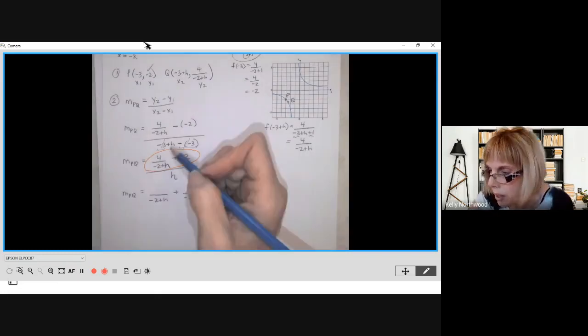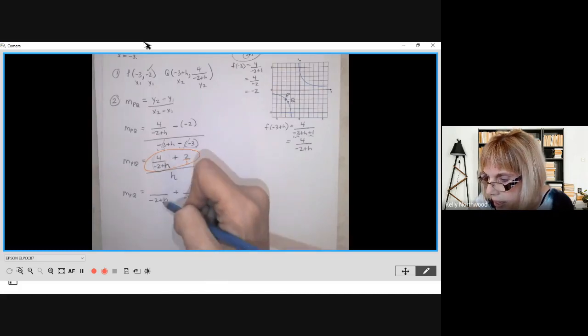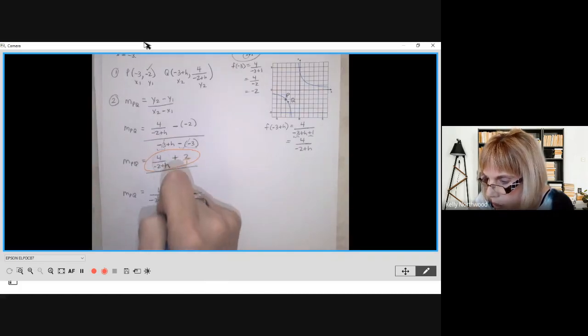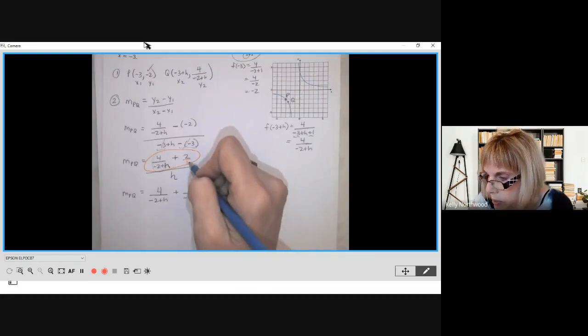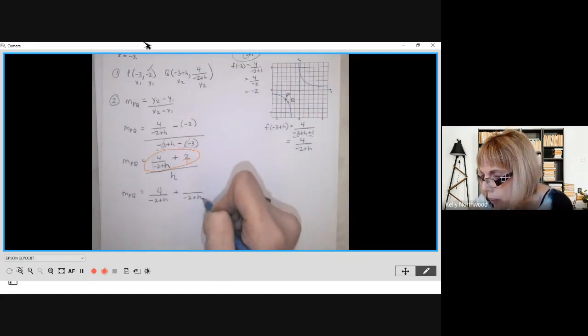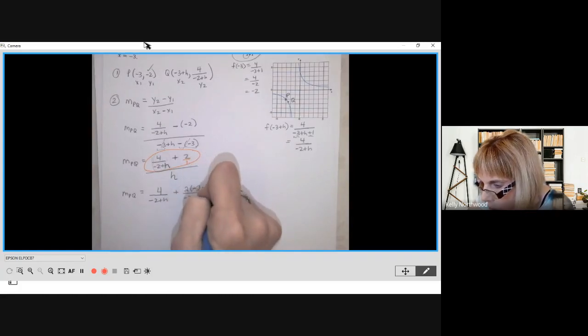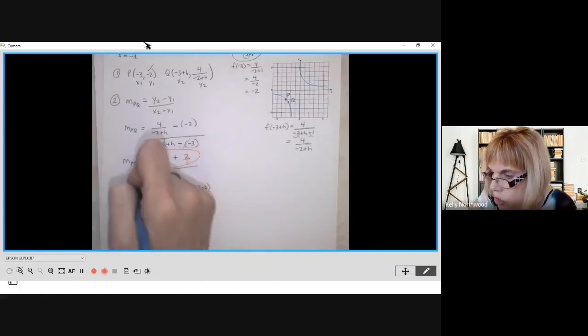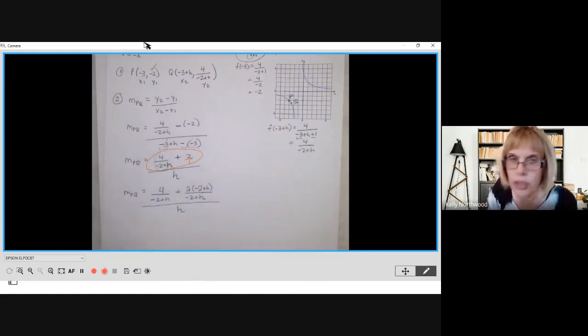Okay, so if I look here, this fraction already had -2 plus h as the denominator, so the numerator is going to stay the same. Here, the denominator was 1. I had to multiply the bottom by -2 plus h, so I'm going to have to multiply the top by -2 plus h. And that's just the numerator. It's still all being divided by h.